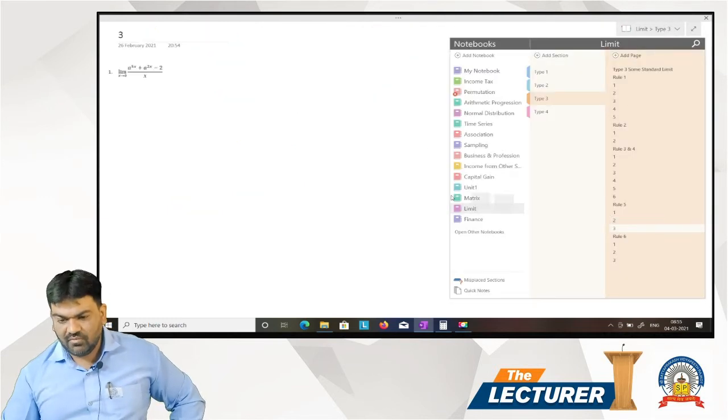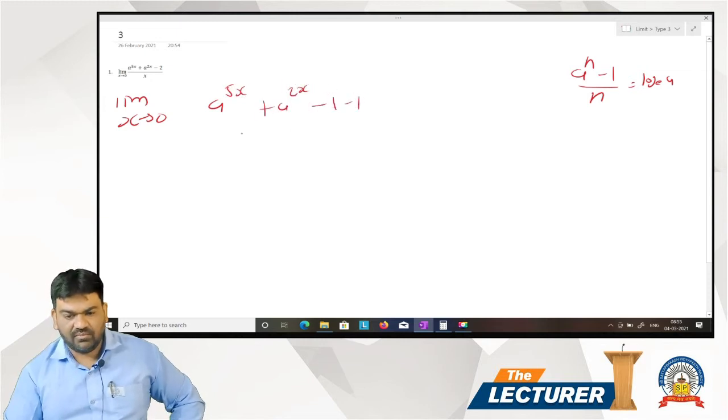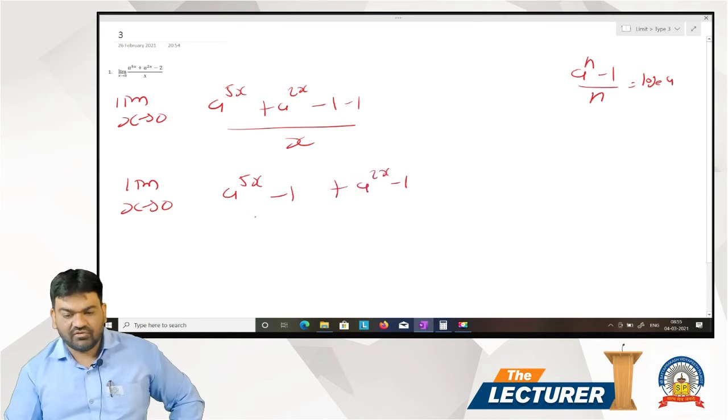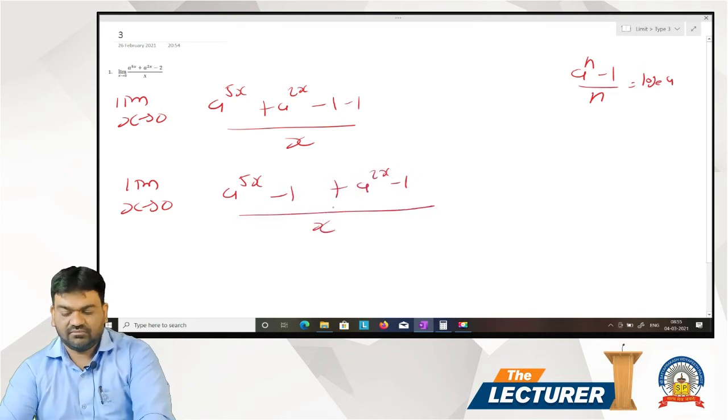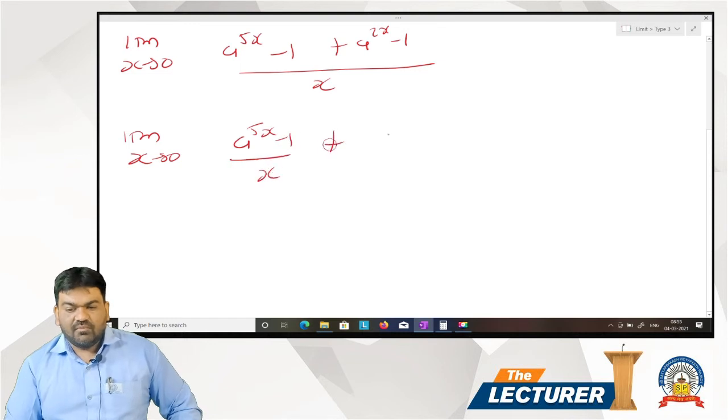Next, example number 3. Limit x tends to 0, a raised to 5x plus a raised to 2x minus 1 divided by x. Limit x tends to 0, a raised to 5x minus 1 plus a raised to 2x minus 1 upon x. So limit x tends to 0, a raised to 5x minus 1 upon x, a raised to 2x minus 1 upon x.